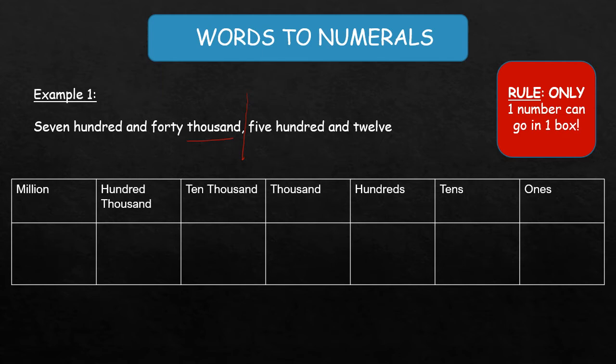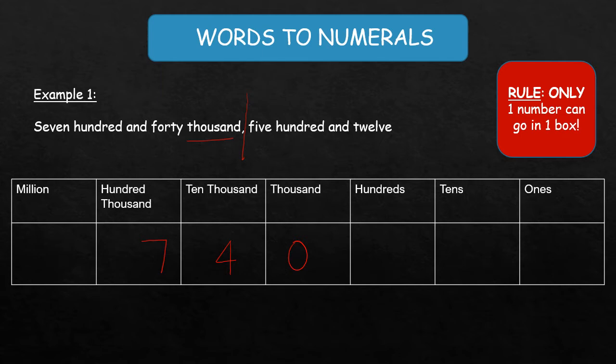Now we're going to focus on this family right here, only the thousand family. So we have 700, and we're going to write down the 7 over here, 40,000. There we go. So the thousand family is done.